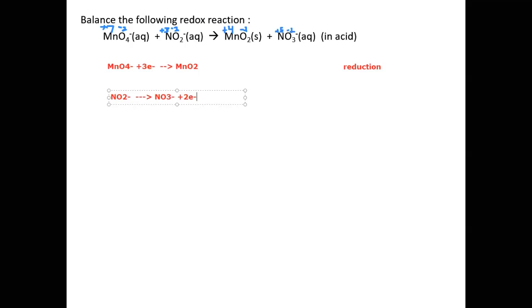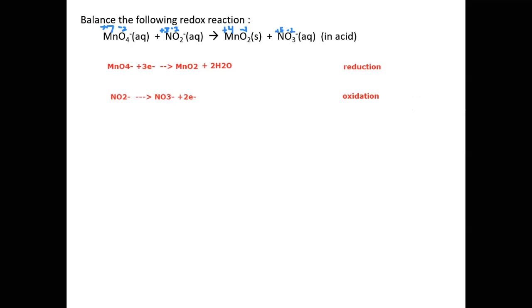On the reduction half reaction, permanganate has 4 oxygens, manganese dioxide has 2. So we need to add 2 water molecules. Now the oxygens are balanced.